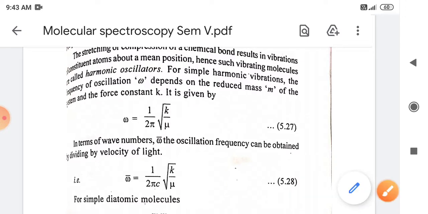So the vibrational frequency of oscillation is given by 1 upon 2 pi into the square root of k upon mu.